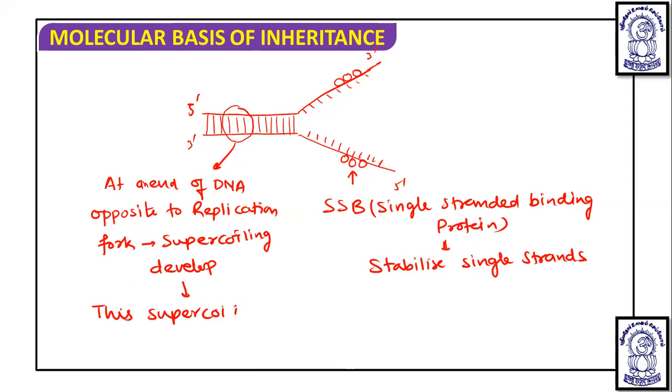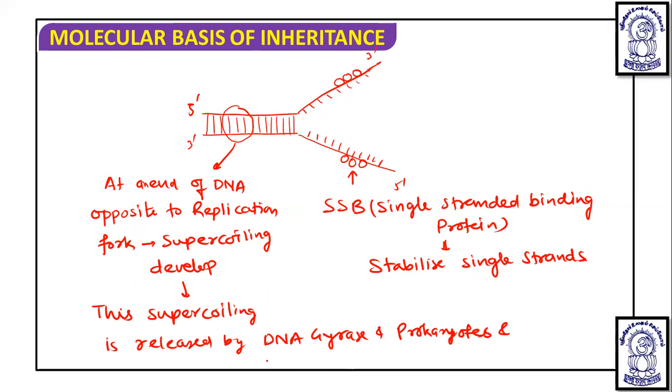This supercoiling is released by DNA gyrase in prokaryotes and DNA topoisomerase in eukaryotes.